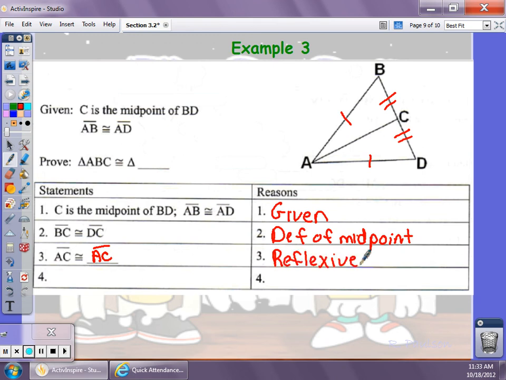We're going to want to make sure we actually write property. And we're going to mark our diagram. So now we can see that triangle ABC is congruent to triangle ADC based on side, side, side postulate.